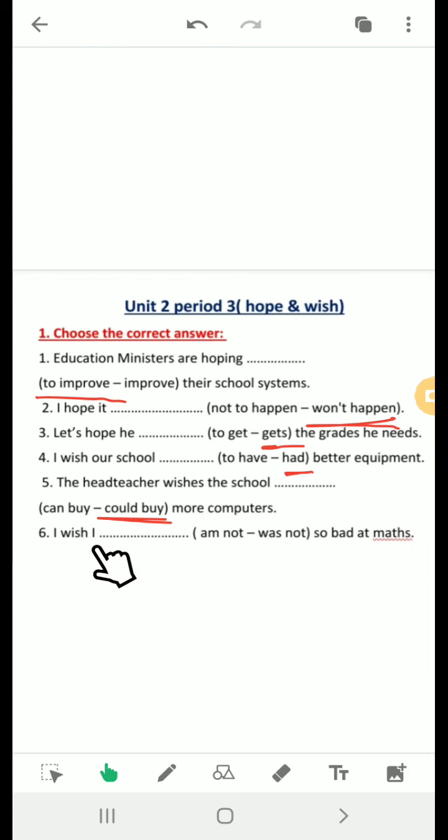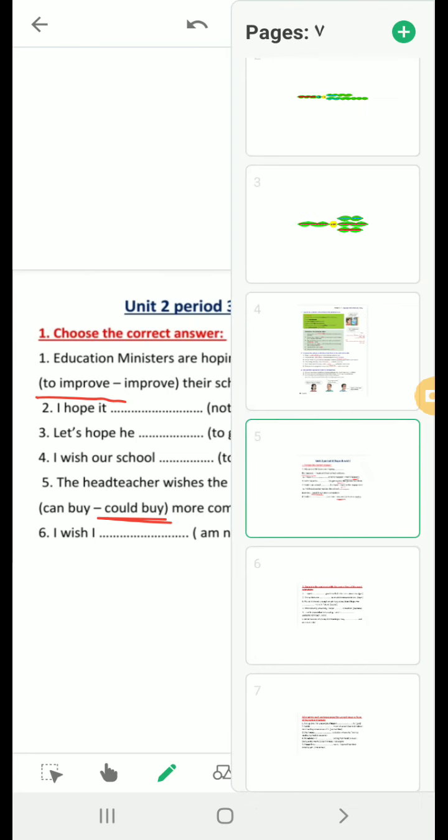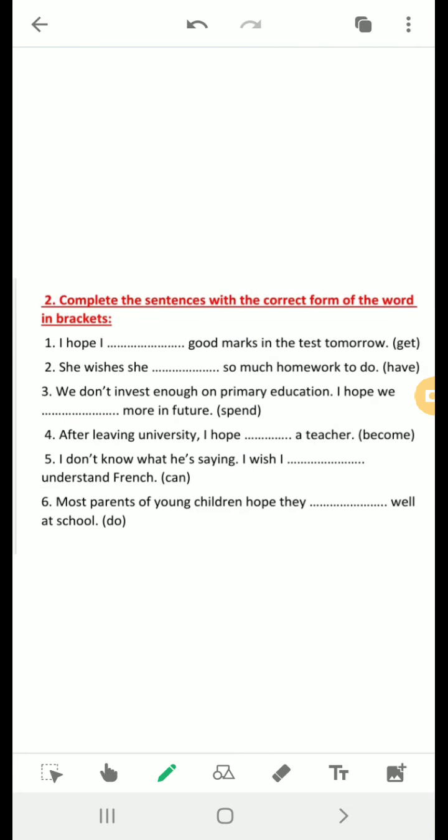Number 6, I wish I am not or I wasn't so bad at math. After wish we always use past simple, so wasn't. Now exercise number 2, complete the sentences with the correct form of the word in brackets. I hope I good marks in the test tomorrow. Get.